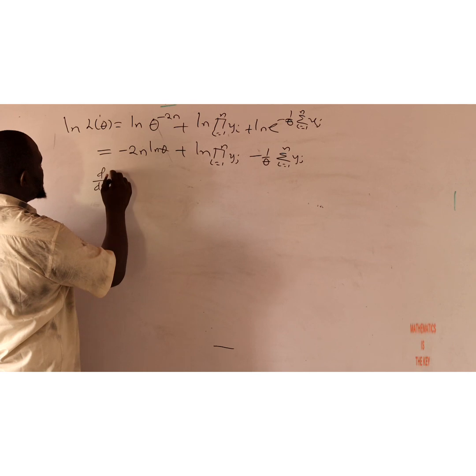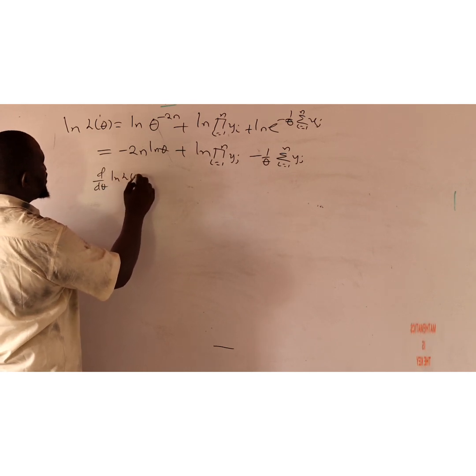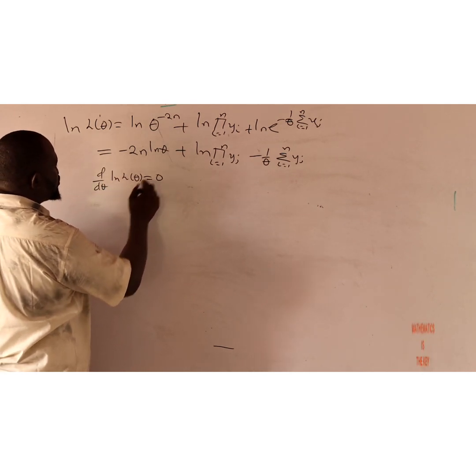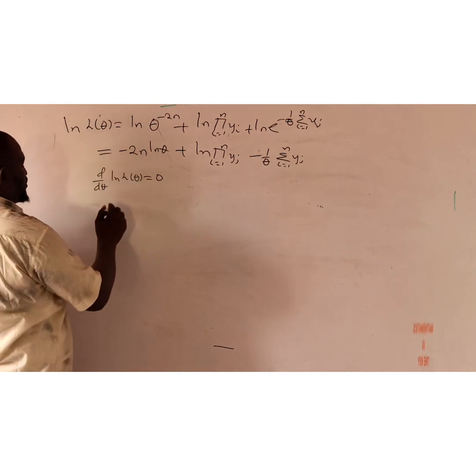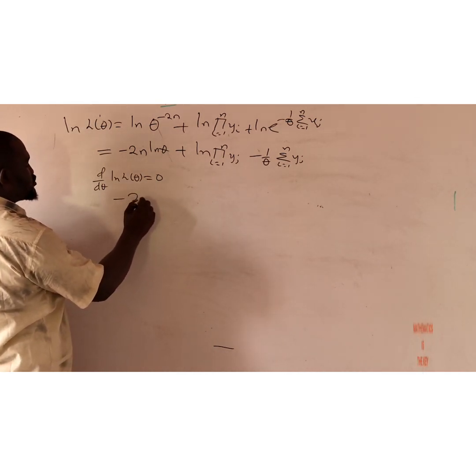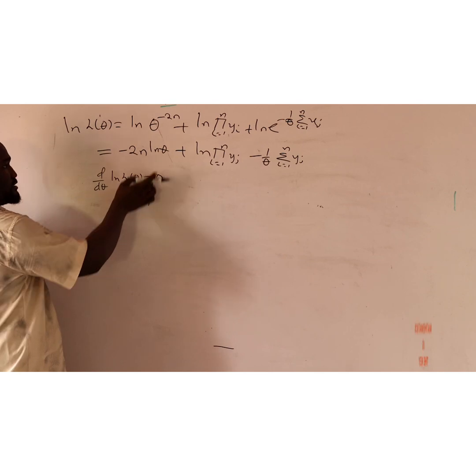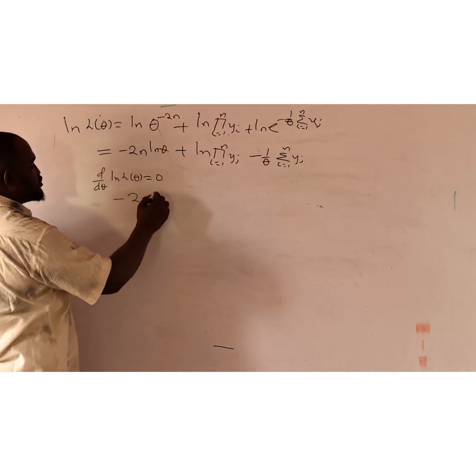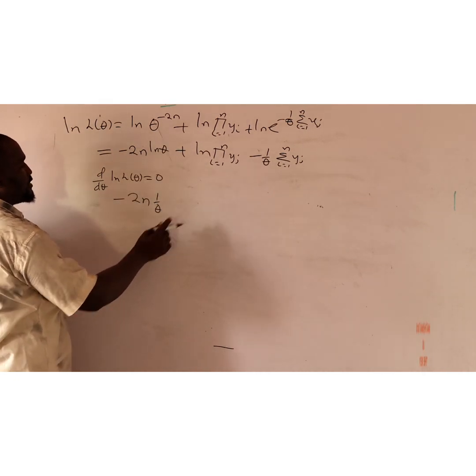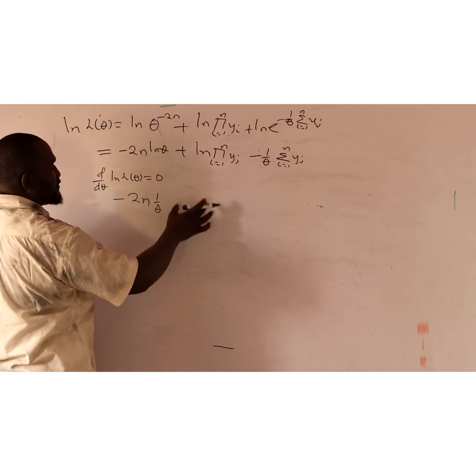Further, we take the derivative with respect to theta of ln of the likelihood of theta and set it equal to 0. So we have minus 2n as a constant; the derivative of ln theta is just 1 over theta. This next term is a constant, there is no theta, so you have 0.